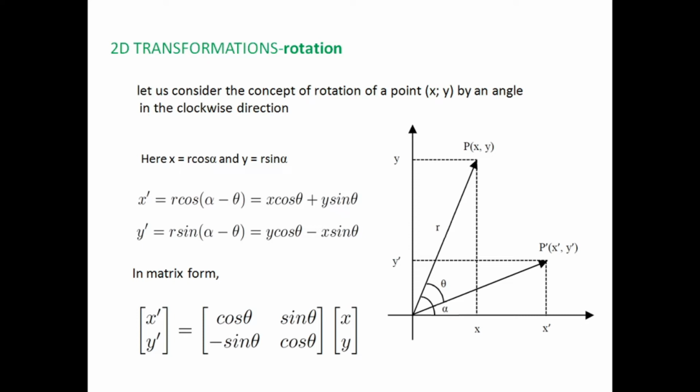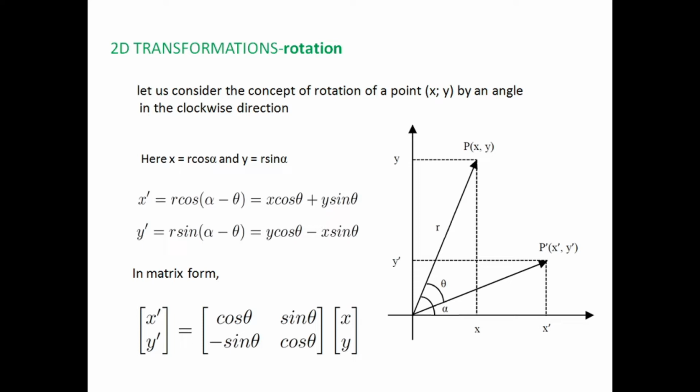Now let me discuss the rotation operation. I am having here a point P which is initially at x comma y location. Let me join this point P with the origin, that is at 0 comma 0.